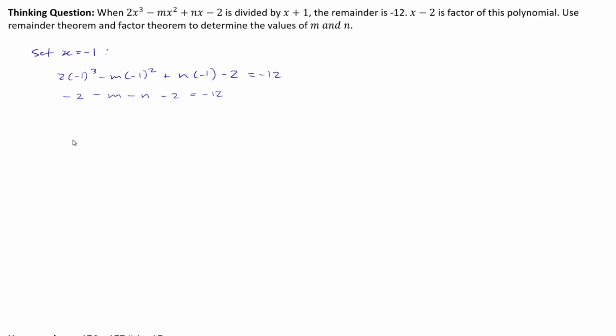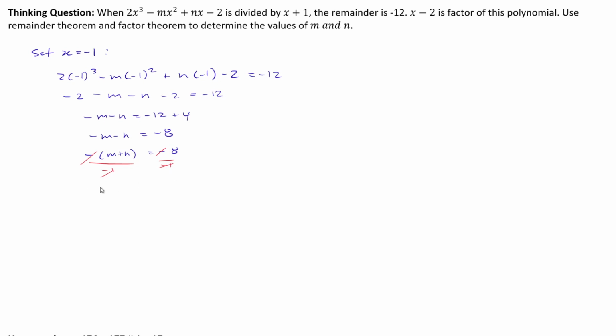Okay, so I need to isolate my m and my n, so I get negative m minus n is equal to negative 12 plus 4. Negative m minus n is equal to negative 8. I'm going to factor out a negative here, so m plus n, and I've got my negative 8. Divide both sides by negative 1. Gets rid of my negative there.